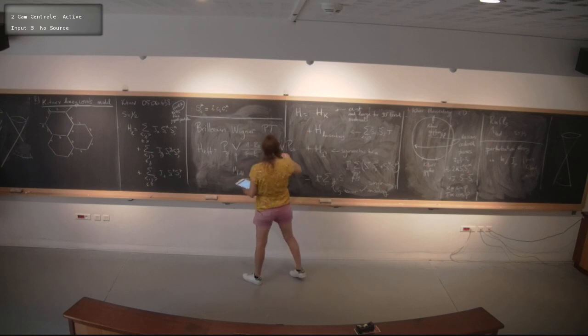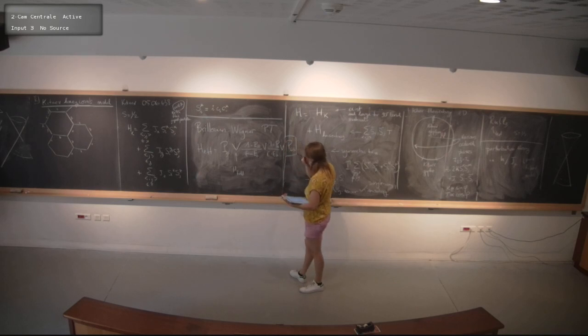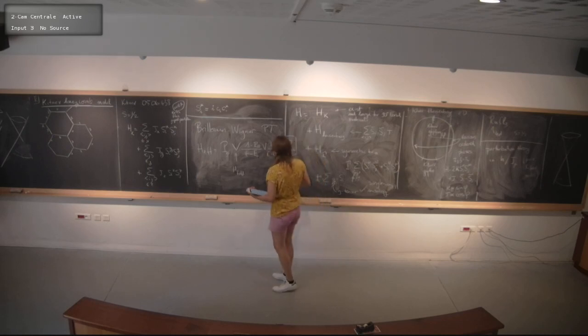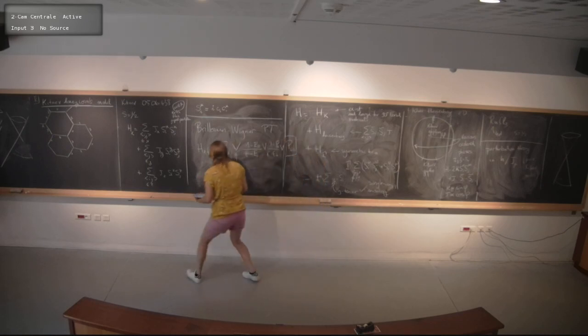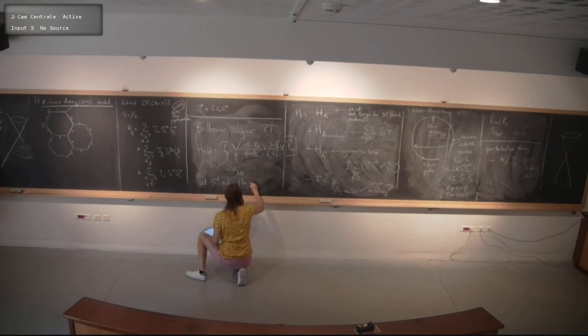So this would be third order, because you can check that the other orders don't contribute to creating a gap. At third order, however, you open a gap in the Majorana fermion. So at third order Majoranas get gapped.